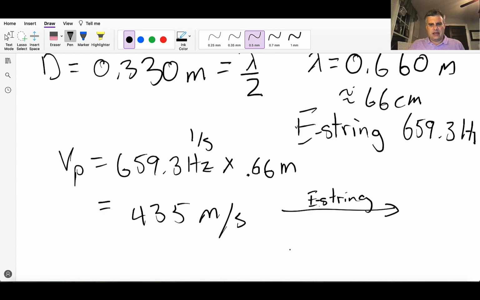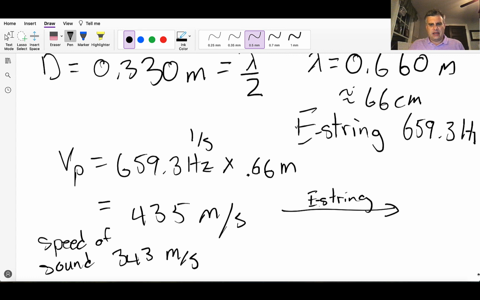Okay, couple questions. How does that compare to, say, the speed of sound in air? Is that even a realistic number? Let's take a look. If I look it up on Wikipedia, I find speed of sound in air is 343 meters per second.